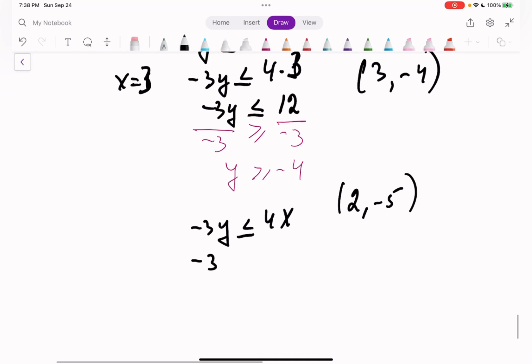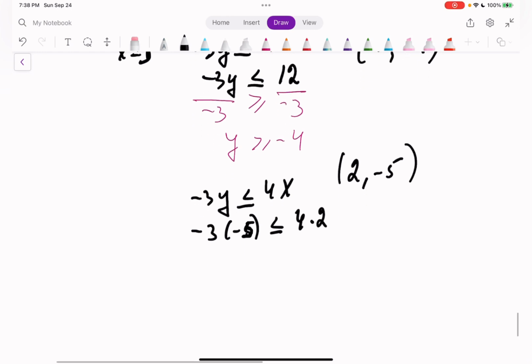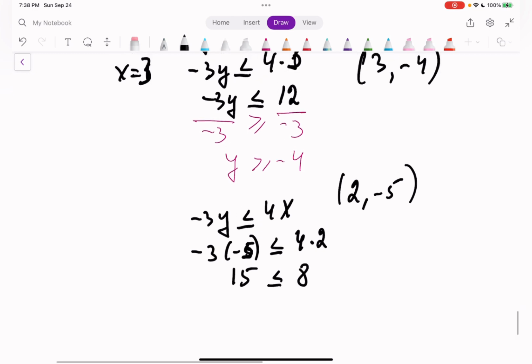Negative 3 times negative 5 less than or equal to 4 times 2. It's going to be 15 less than or equal to 8.